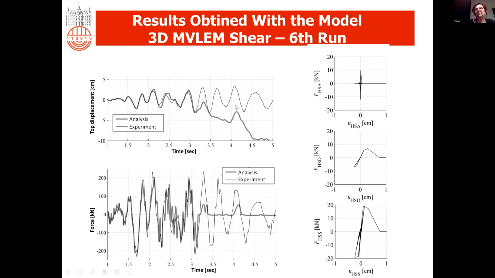And actually, it is assumed that here we don't have a clear sign of failure, because the model still behaved like a frame, which we were not able to model in the analysis. So these are two case studies.